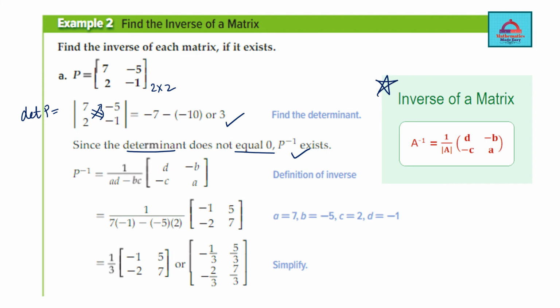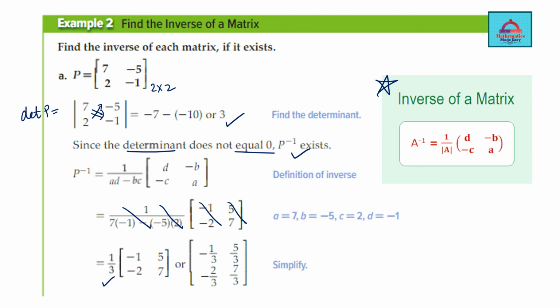I have just put it here for you. 1 over determinant, so it is 1 over 3. You can just skip this step, no need. It's given as one extra step in your book, but because you've already got the determinant, 1 over 3 you can directly write. And then for the diagonal elements, you switch their places, so -1 and 7 here. And the remaining elements change your sign.